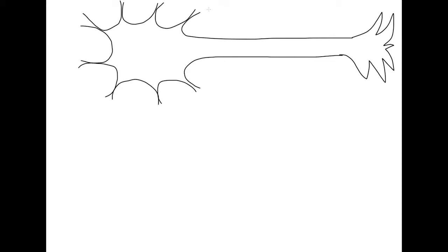But let's get started. I'm going to start with naming the main parts of your neuron. These are your dendrites, and they basically accept signals from other neurons. This is what is called your soma, and we're going to talk about it more later, but it is basically your control center for your neuron.